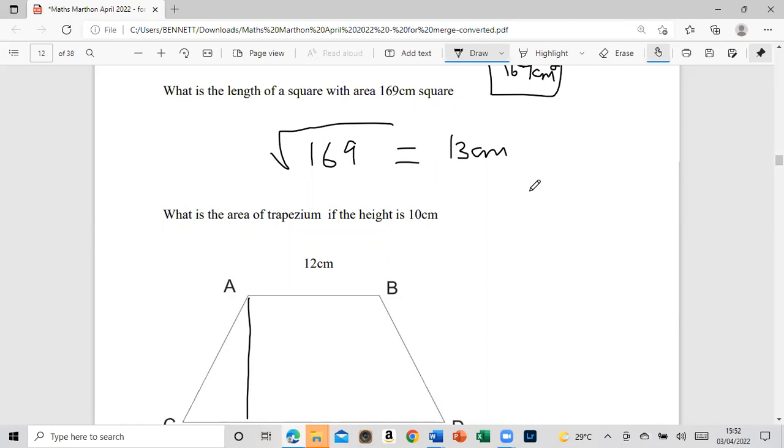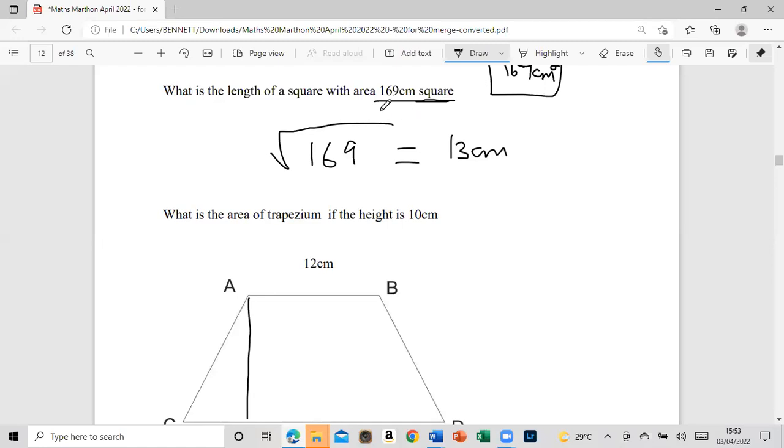For the question that says what is the length, the squared symbol is there: it's centimeters squared. Sometimes they will do that, they will put it in words.